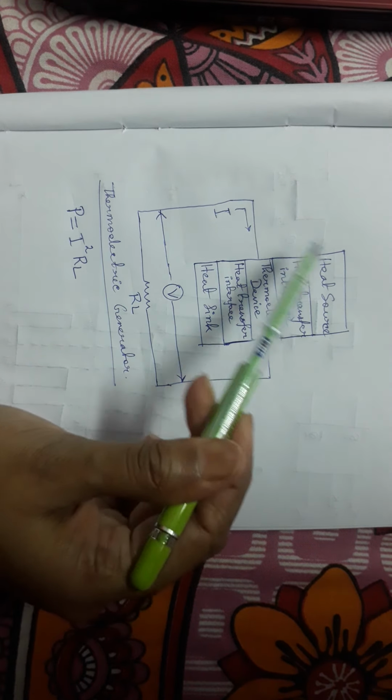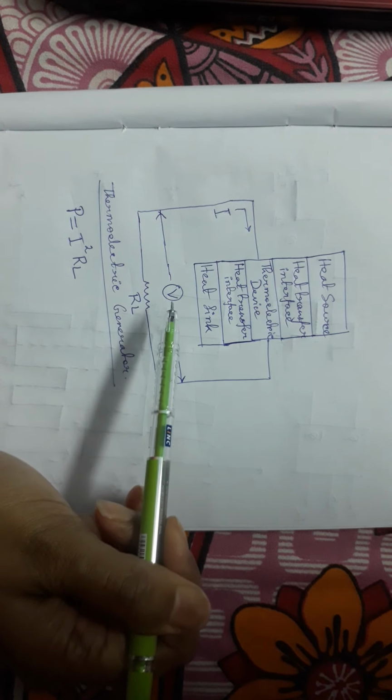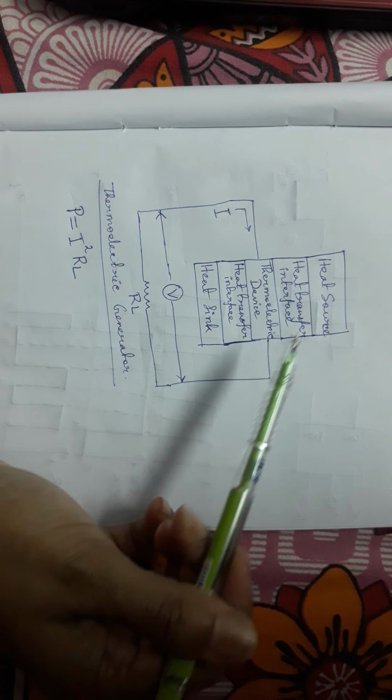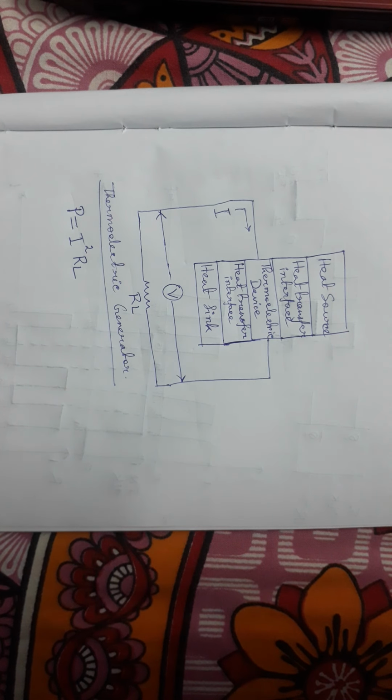Like this is one thermoelectric generator. We can connect many thermoelectric generators in series. Then it can cause the temperature difference across the junctions to increase, and if the temperature difference increases, the generated voltage and power also increase.